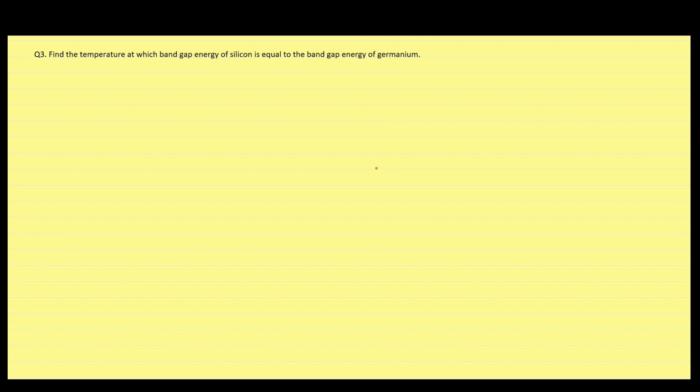We know for silicon we have the band gap energy relation like this. Similarly, for germanium we have energy band relation like this.